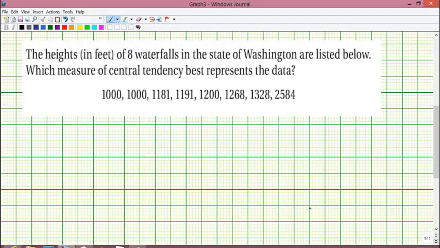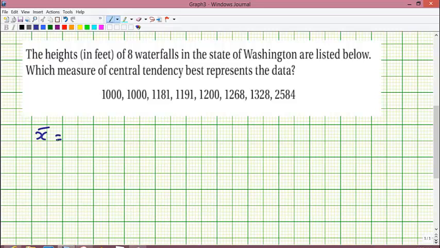We've got the heights of 8 waterfalls in the state of Washington listed below. What measure of central tendency best represents the data? So I think what we need to do is to work them all out, calculate all of the measures of central tendency, which are the averages.